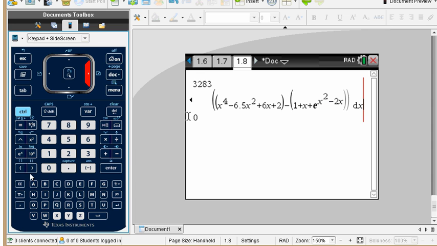Okay, we're going to bring out the integral again, hotkey Shift plus sign.